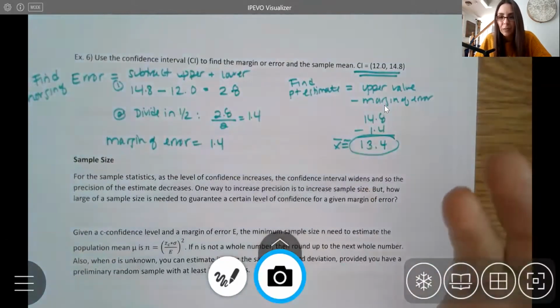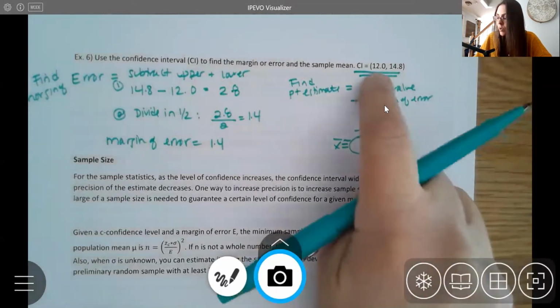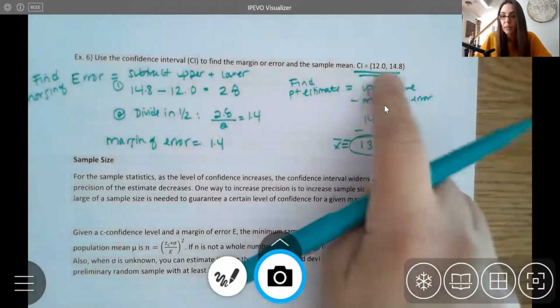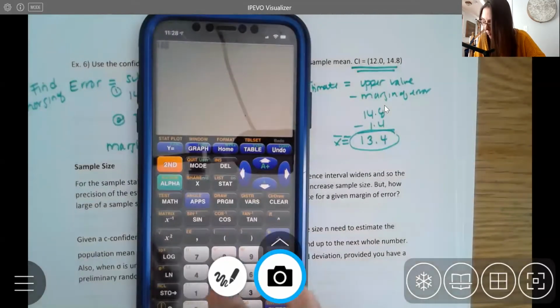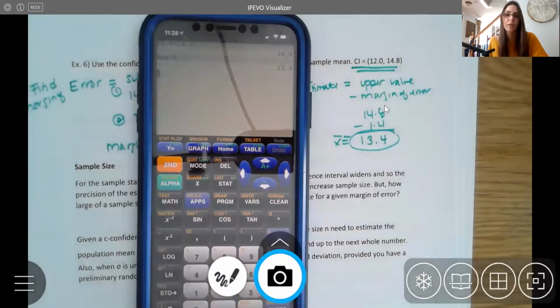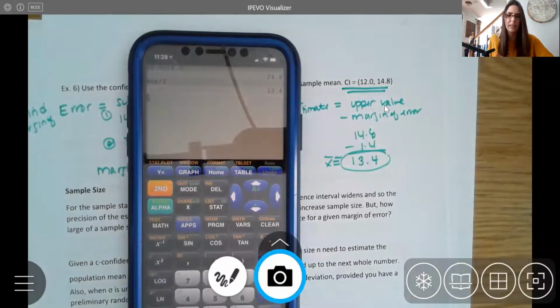So that works too. And the other way you could do it is find the average of these two values. If you take that 12.0, add it with the 14.8 and divide by 2, again, there's that 13.4. So there's lots of different ways to find that mean in the middle.